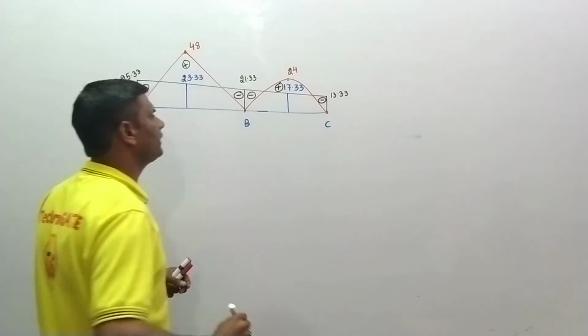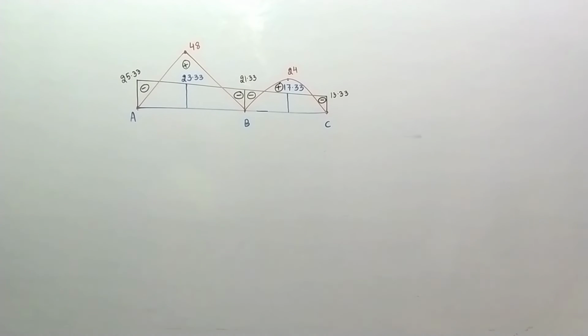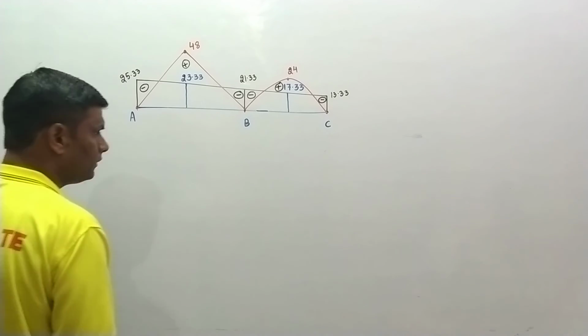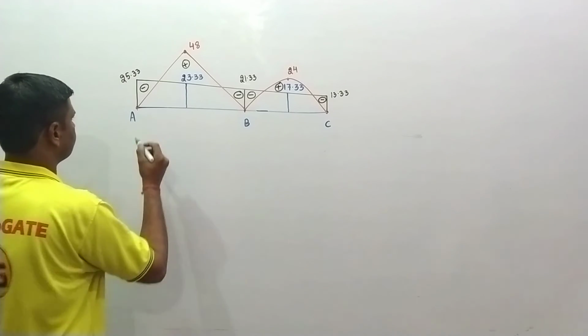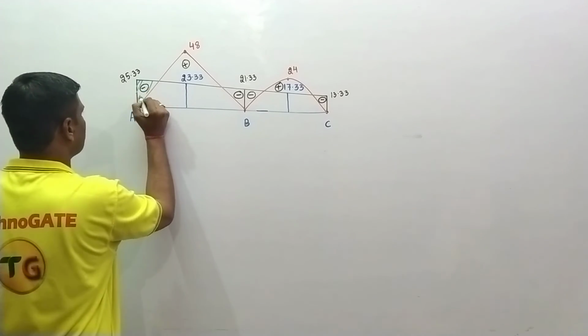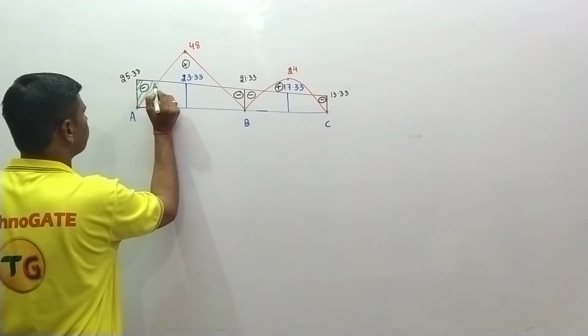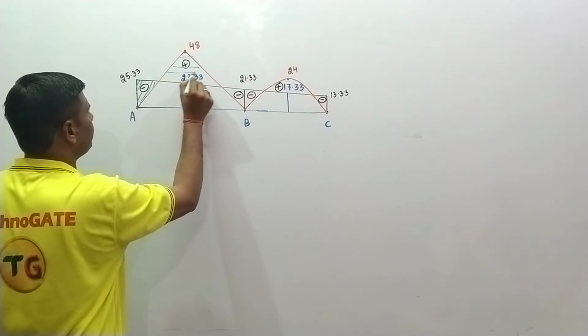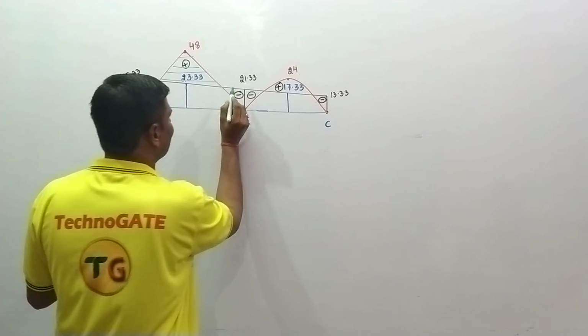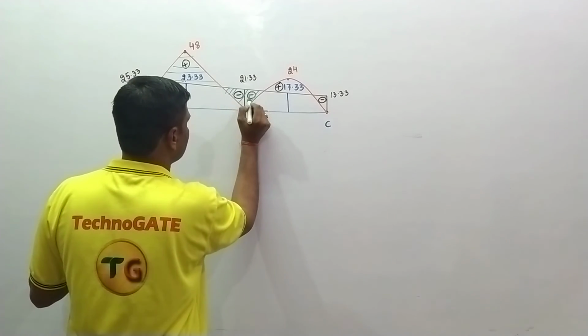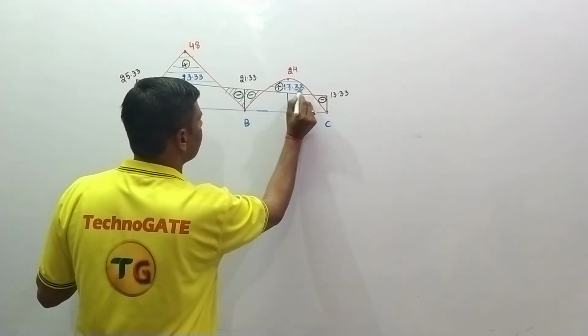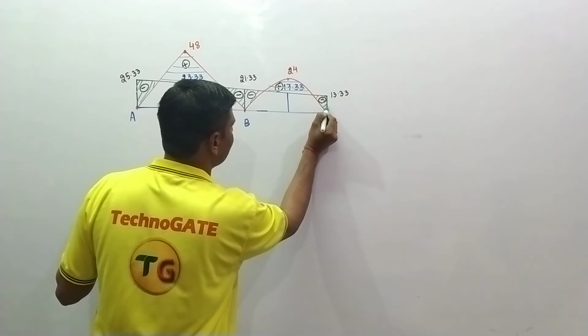In the final moment diagram only these areas will be left. So this is the final bending moment diagram. Only the hatched area is the final bending moment diagram.